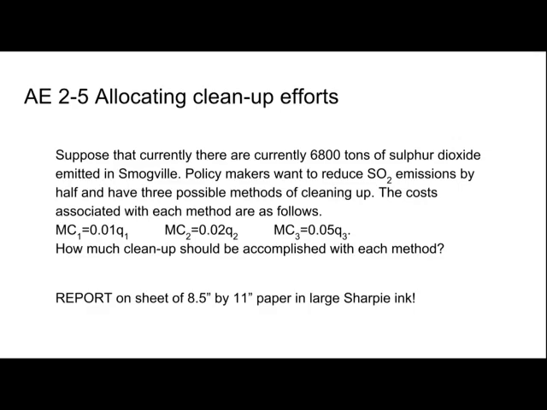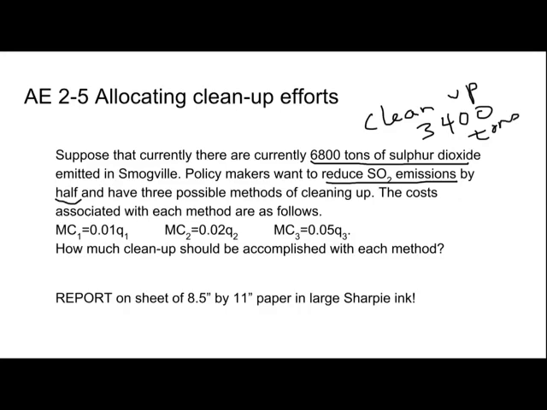Here we have this problem. Suppose that there are currently 6,800 tons of sulfur dioxide emitted in Smogville. Policymakers want to reduce sulfur dioxide emissions by half, so they're going to be cleaning up 3,400 tons. That's going to be important.